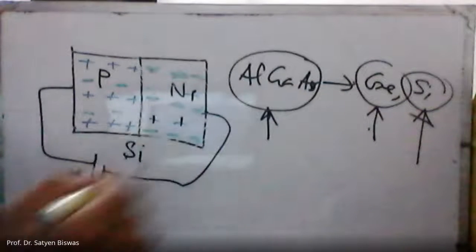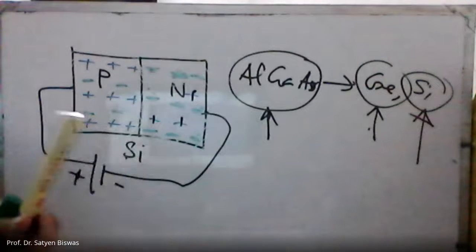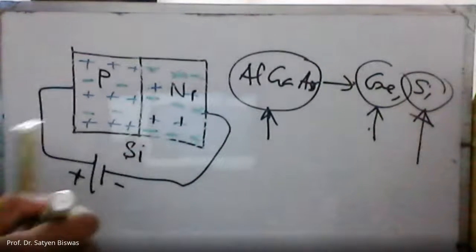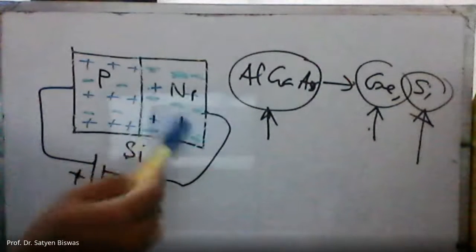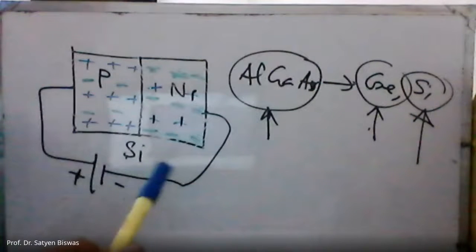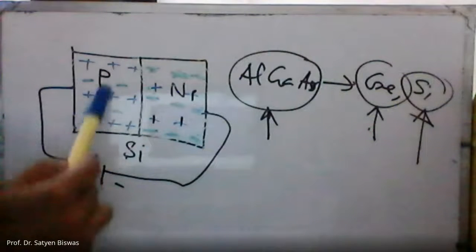Let's say 9 electrons and 4 holes: 1, 2, 3, 4 holes and 9 electrons. But on this side, there are 9 holes and 4 electrons. Right? This is just an example.